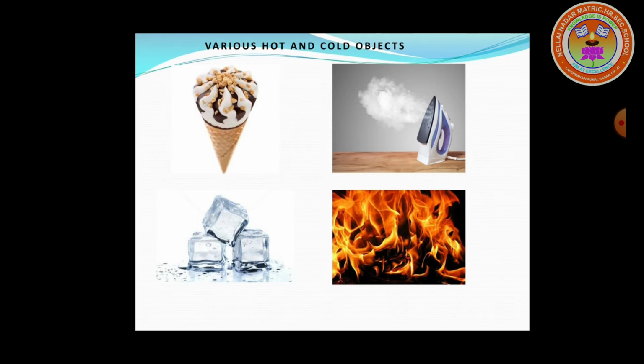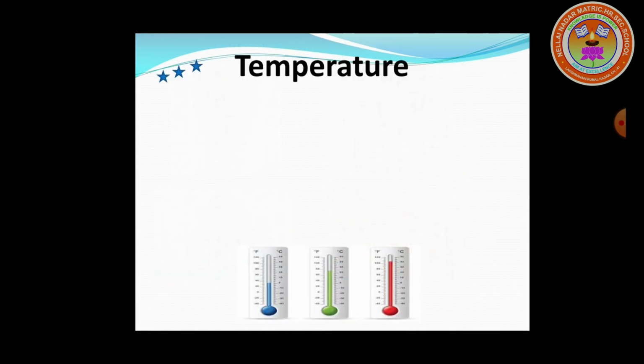How do you decide which is hotter or which one is colder? We have to decide the degree of hotness or coldness of an object. We need some quantity to decide it, and that is the next physical quantity, temperature.